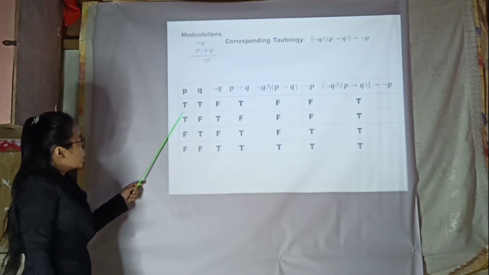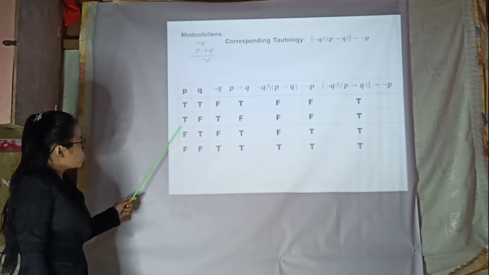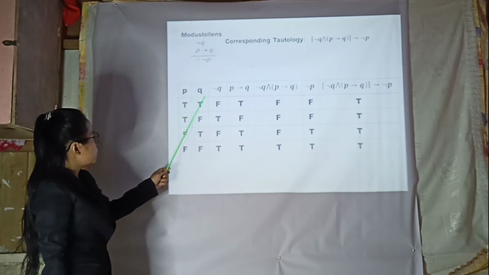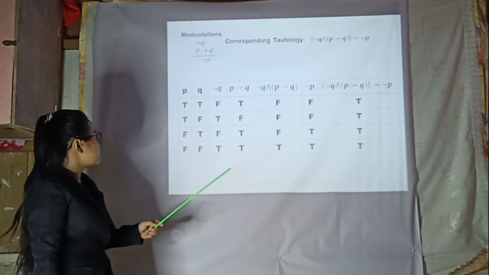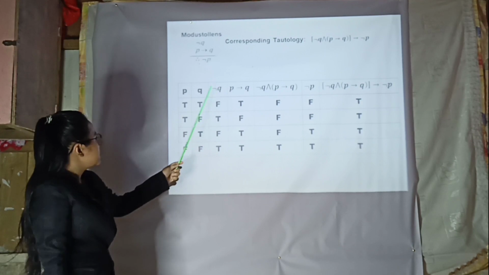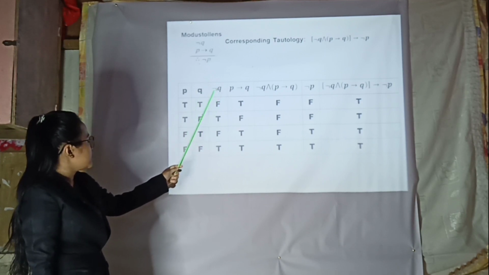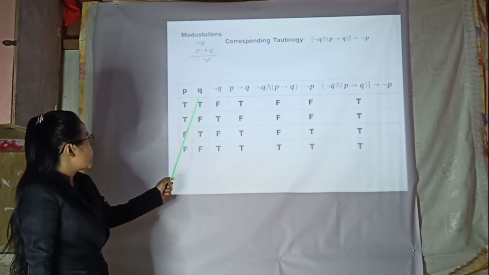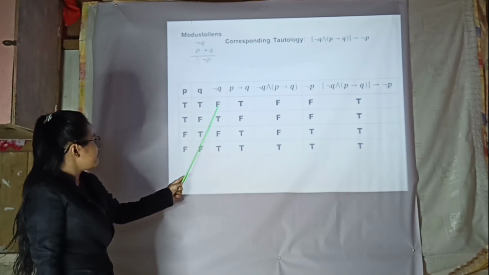In P, we have 2 true and 2 false. In Q, 2 divided by 2 equals 1, so true, false. Not Q is the negation of Q, so false, true.